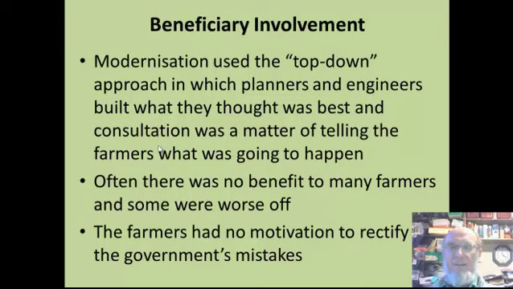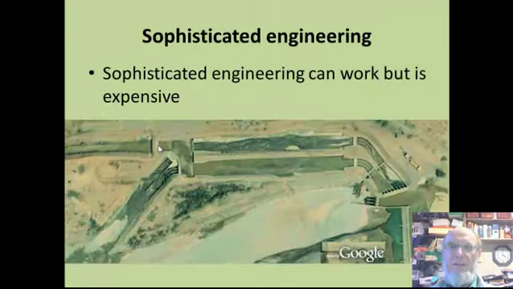Often there was no benefit to many farmers, and some were left worse off. And because the farmers hadn't been party to the decision-making, they had no motivation to rectify the mistakes and try to make the system work.